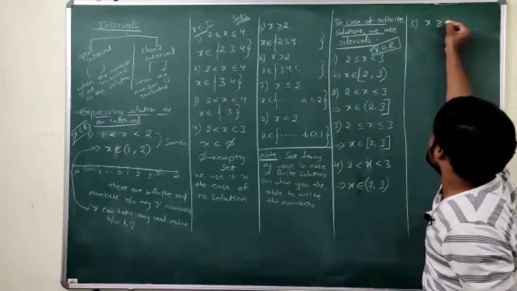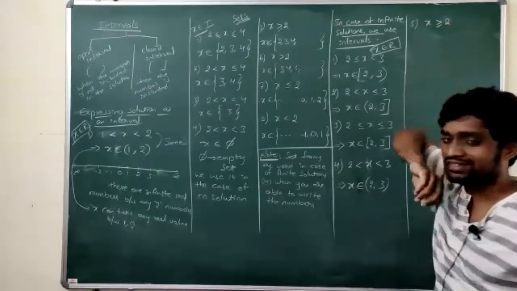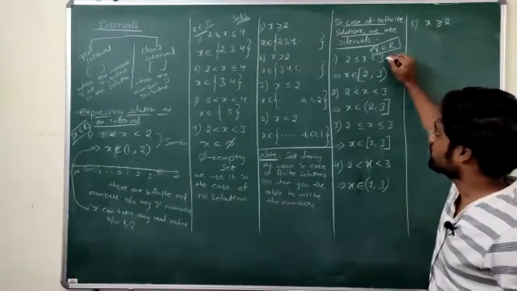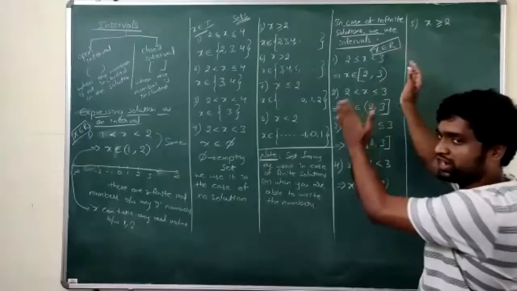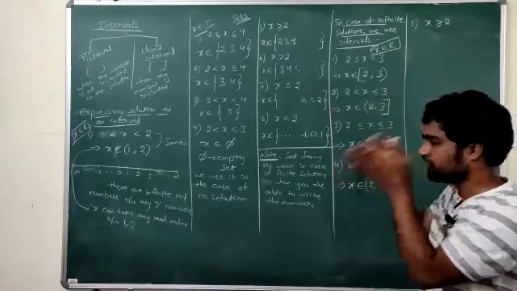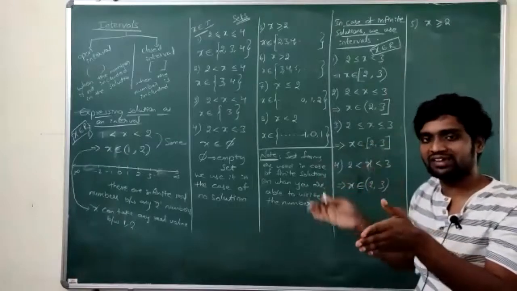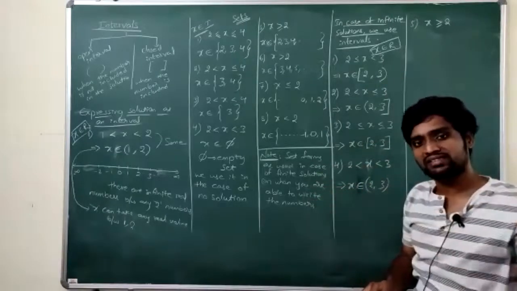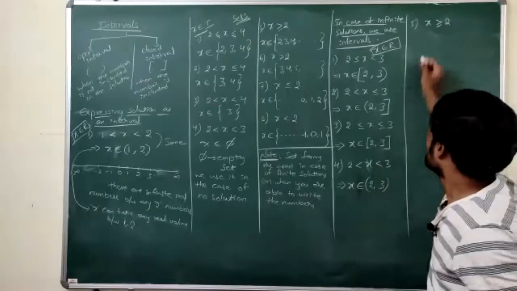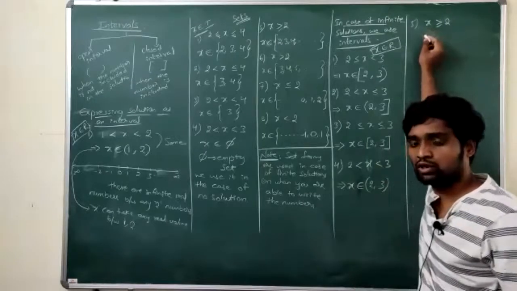x is greater than or equal to 2. In the earlier case, values of x were bounded. Values of x could only lie between 2 and 3. It could not exceed 3 and it could not go less than 2. Now, x is greater than or equal to 2.